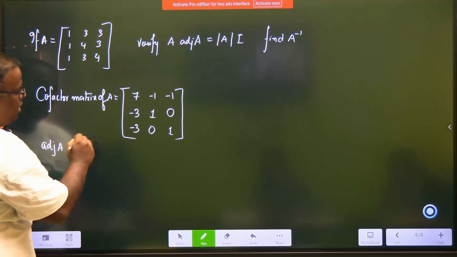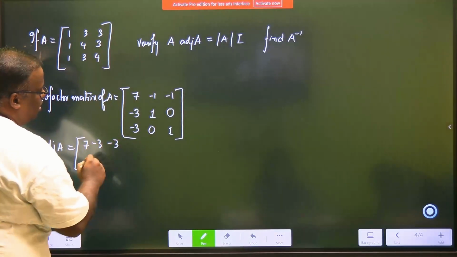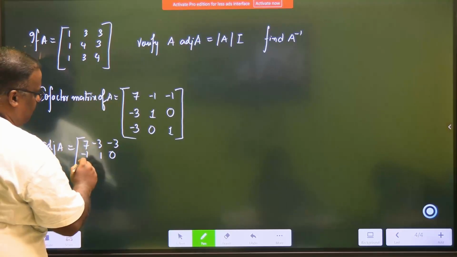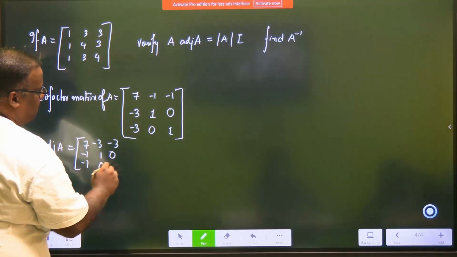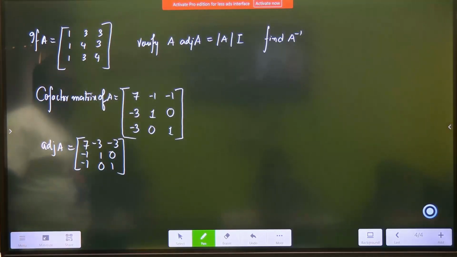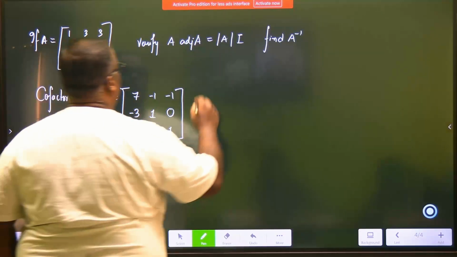Adjoint A will be written. Do this much and come again, we'll do together again.